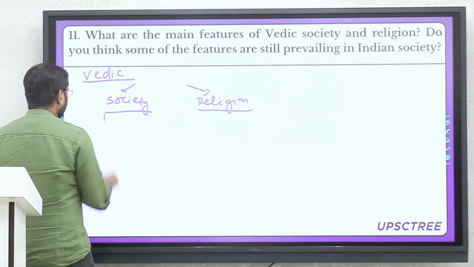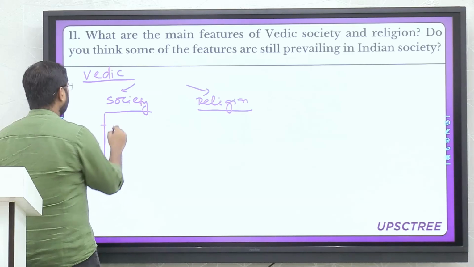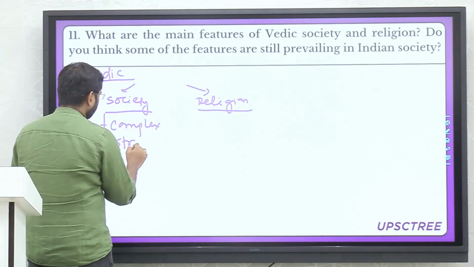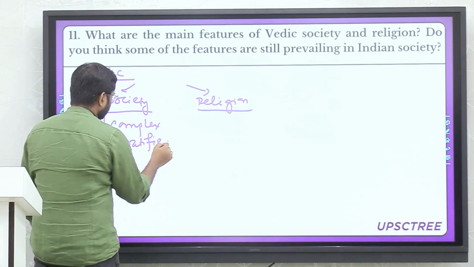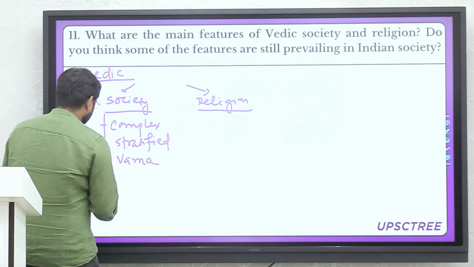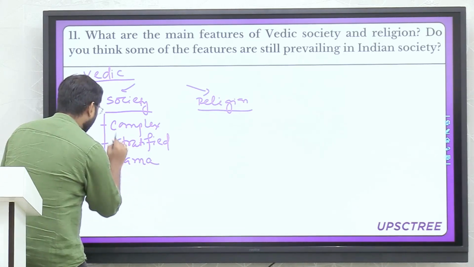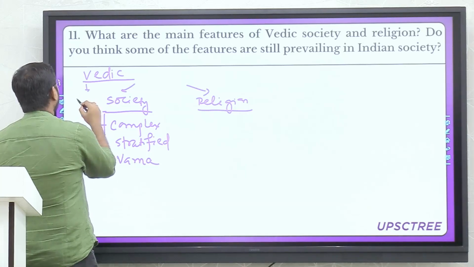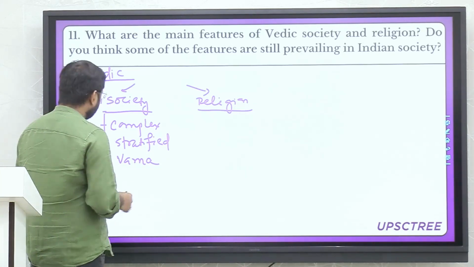In society, what kind of society do we have? It is a complex society, a stratified society divided by Varna. Okay. When I am talking about Vedic age, I am mostly talking about the later Vedic age, not the early Vedic age.